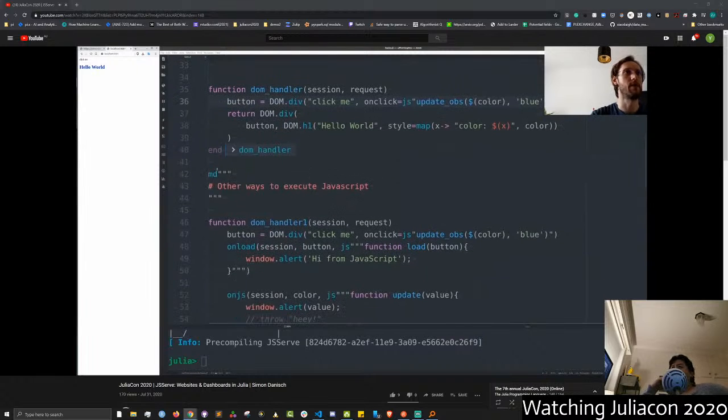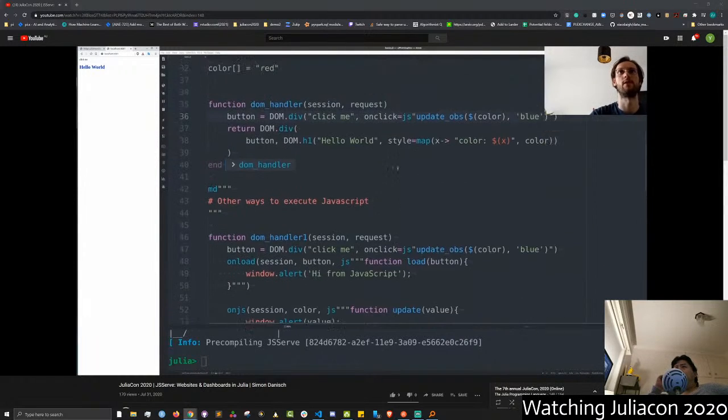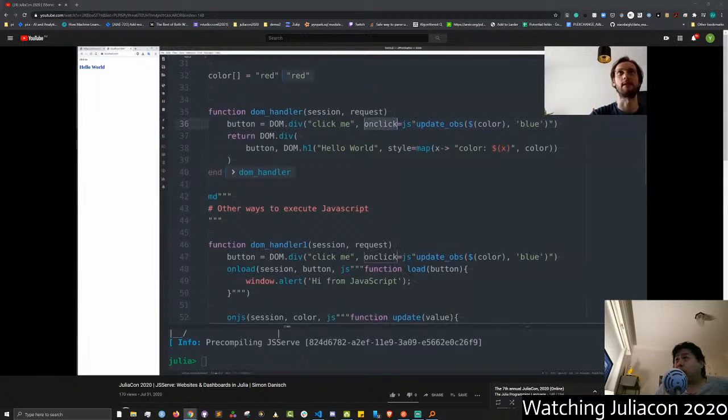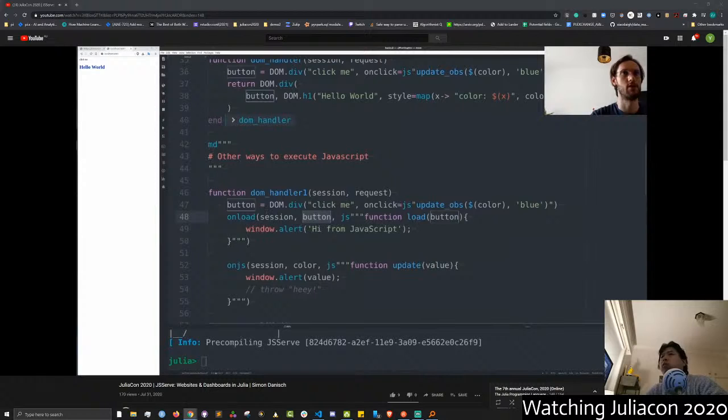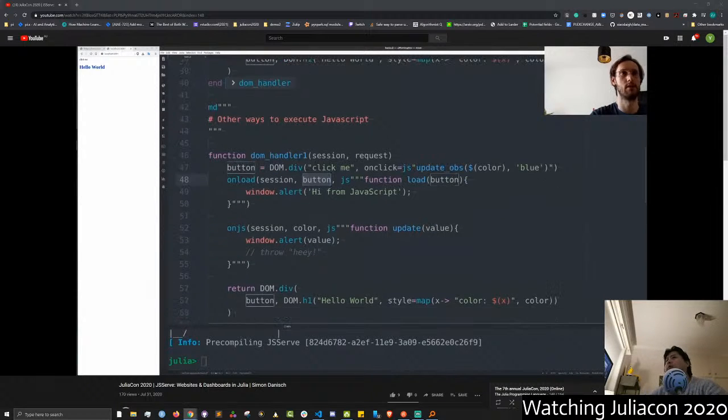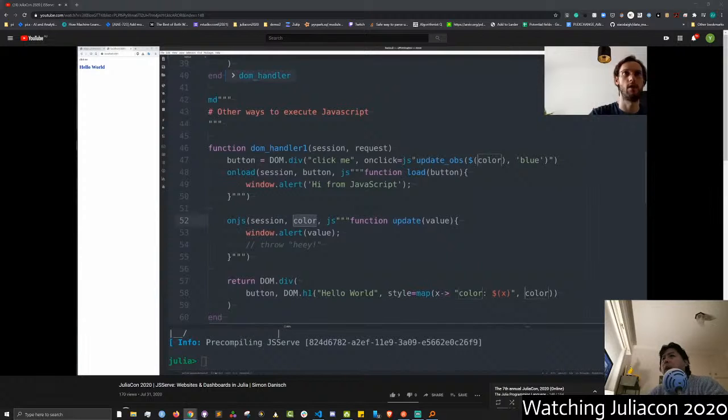There are a few other ways to execute JavaScript. So we already saw that we can pass it as HTML attributes, but we can also run a JavaScript function whenever a DOM element loads in our DOM. So here we call alert when the button gets loaded, and we can call a JavaScript function whenever an observable updates.